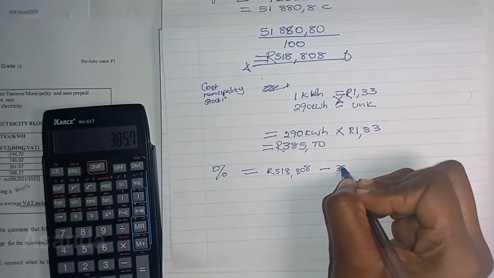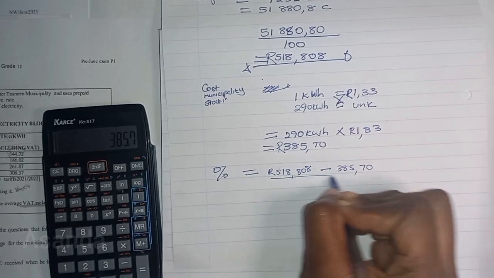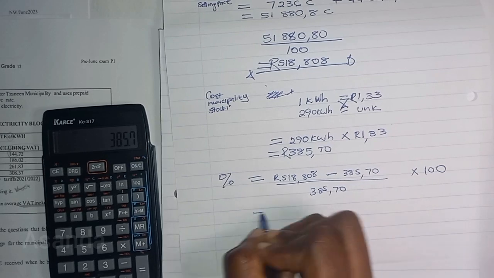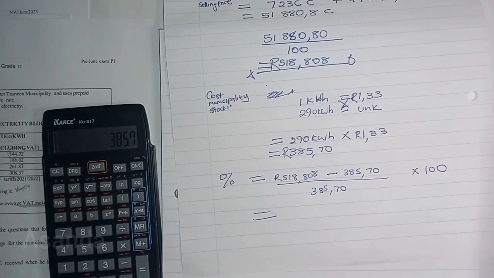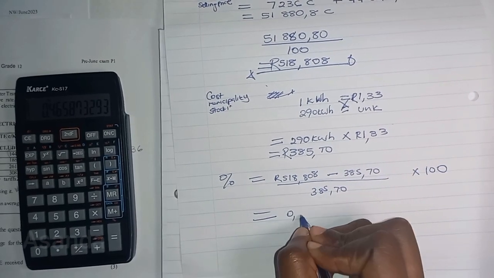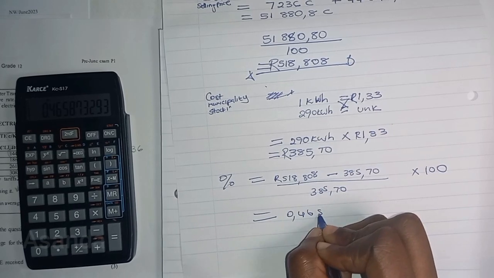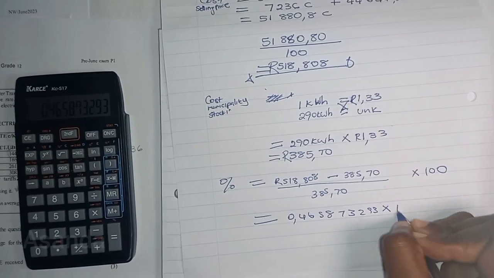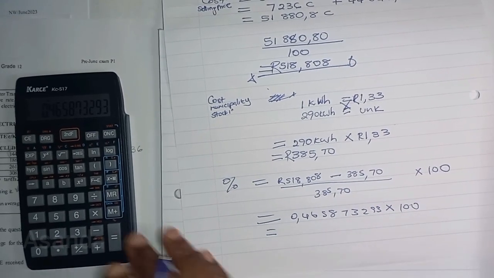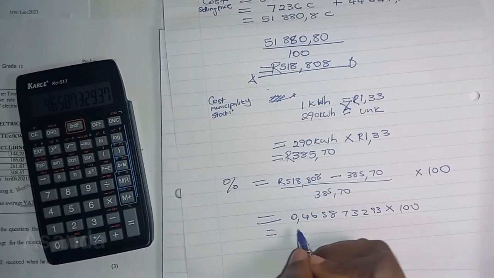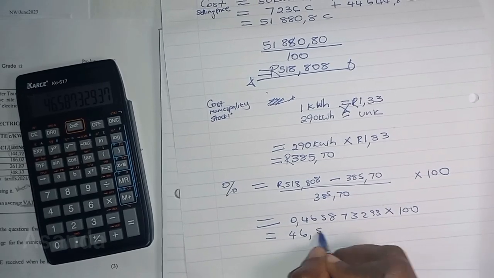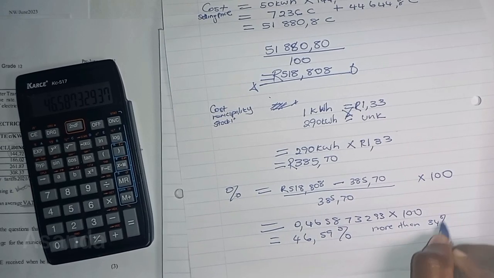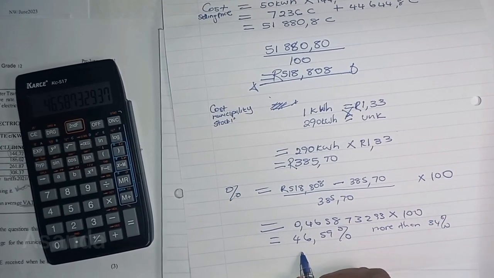Cost price is 385.70, and you divide by cost price, which is 385.70, and all of that is multiplied by 100, and then you get your answer. So the answer should be 0.465873293 multiplied by 100, and then we get 46.59%, which is more than 34%, and that is correct.